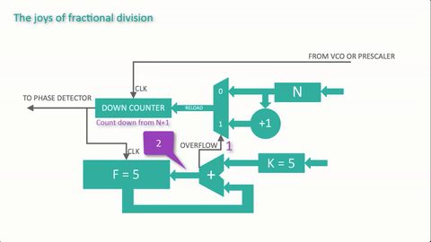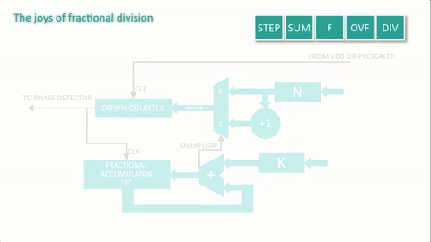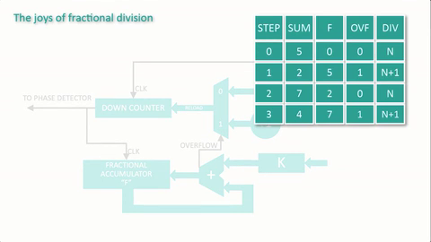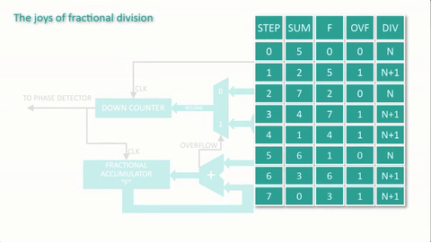The next time the clock to the phase detector fires, the F register gets 2. That's the value at the output of the adder. K is still 5, and the sum is now 7. So this time, the overflow bit is clear, and N is once again selected as the reload value. And so it goes clock by clock, selecting either N or N plus 1 as the reload source each time the phase detector clock fires.